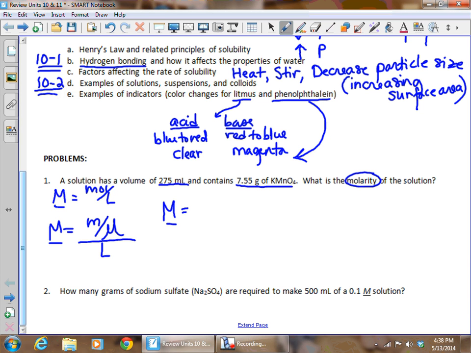Molarity is going to be equal to the mass, which it gave us as 7.55 grams of the potassium permanganate. Now we're going to divide that by the molar mass of potassium permanganate. If you add up 1 potassium, 1 manganese, and 4 oxygens, you're going to get 158.04 grams per mole.